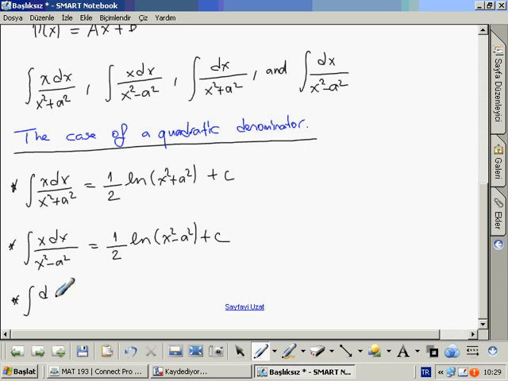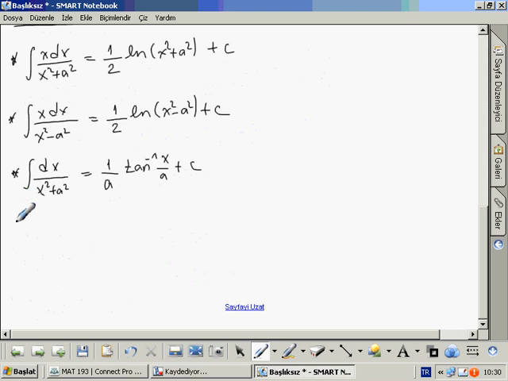The integral of dx over x squared plus a squared is equal to 1 over a arctangent of x over a, plus c. The integral of dx over x squared minus a squared is equal to 1 over 2a ln of the absolute value of x minus a over x plus a, plus c.